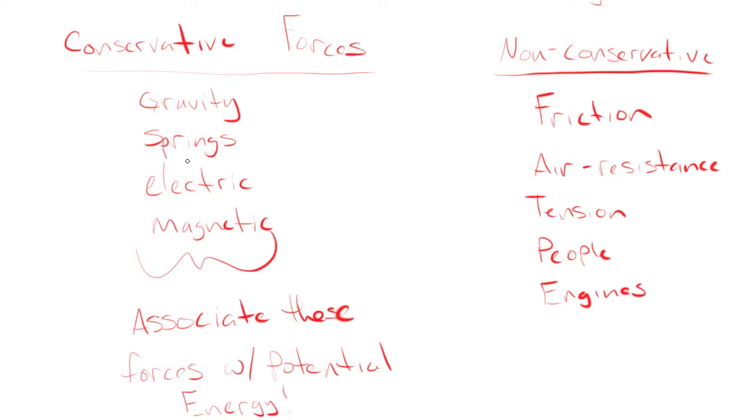So we're talking about conservative versus non-conservative forces. What we introduced this concept with was that work done by a conservative force doesn't depend on the path. What that allows us to do then is have a special formula that we call potential energy that applies to that force. Just like we met potential energy due to a spring, we're going to talk about potential energy due to gravity because it's a conservative force.